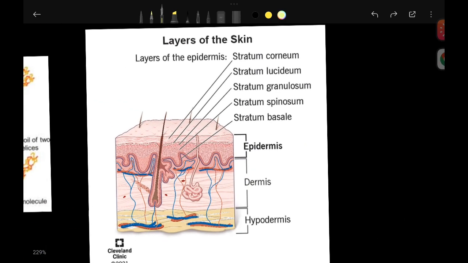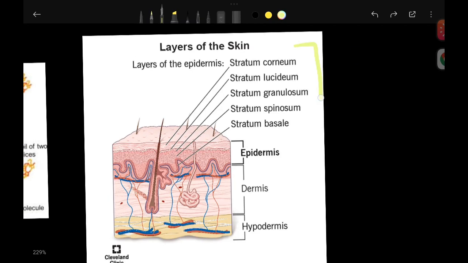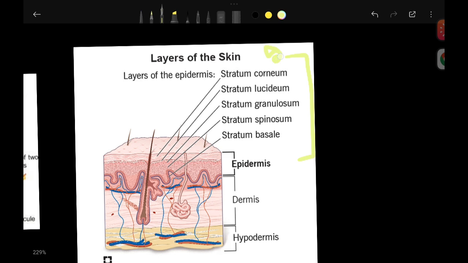When it comes to the layers of the skin, the bottom layer is the hypodermis, which is below the dermis, and the uppermost layer is the epidermis, which is above the dermis. In the epidermis, there are 5 layers. From bottom to top, they are stratum basale, stratum spinosum, stratum granulosum, stratum lucidum, and stratum corneum.